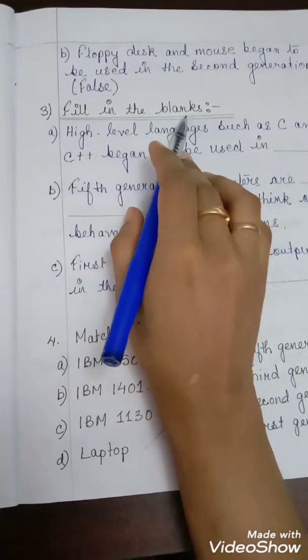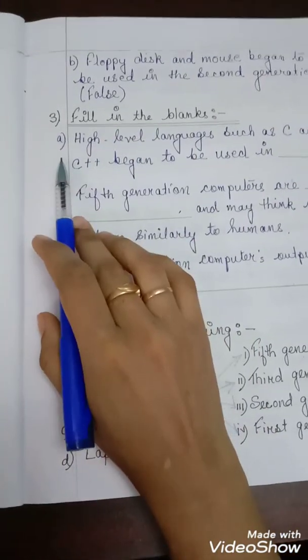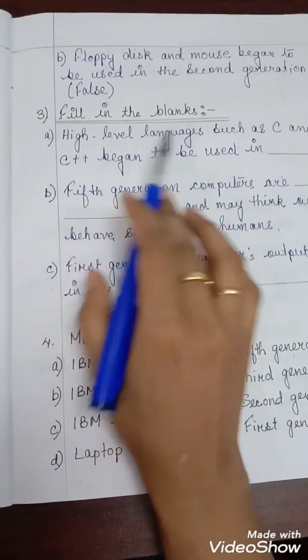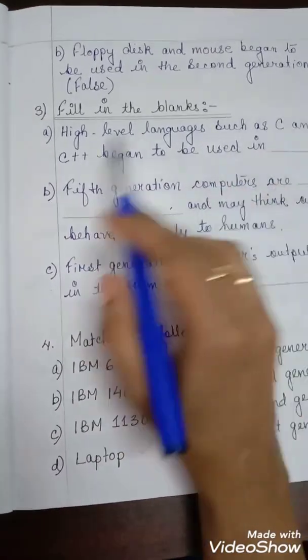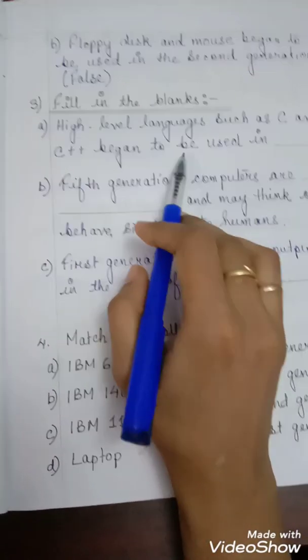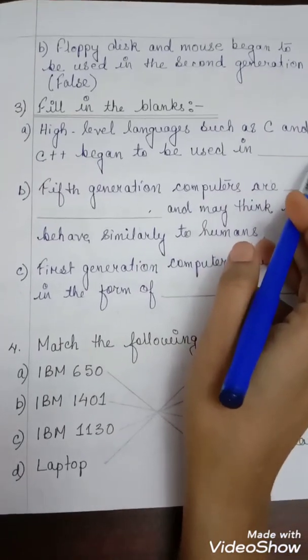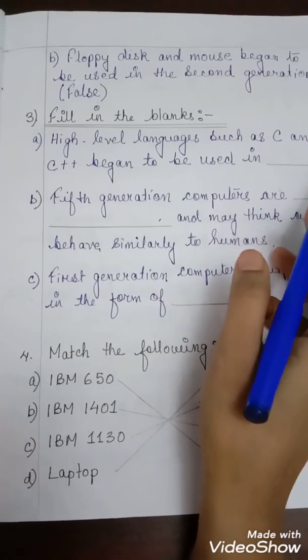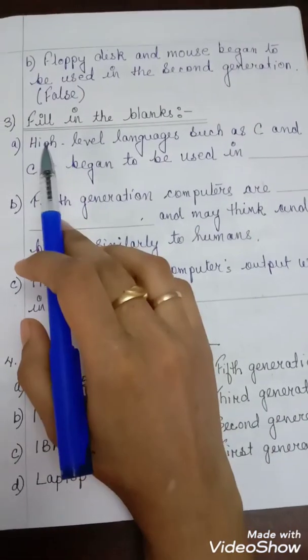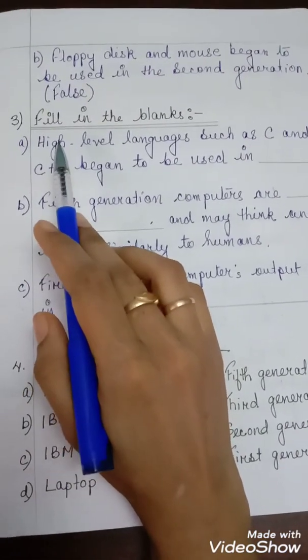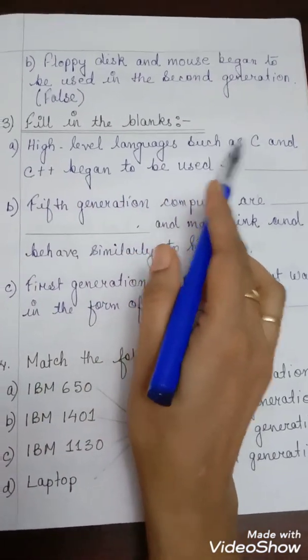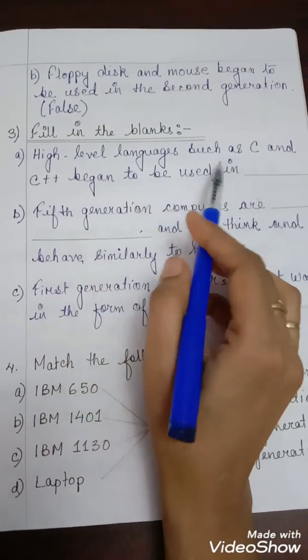Number 3, fill in the blanks. Number A, high-level languages such as C and C++ began to be used in dash. In which generation did high-level languages such as C and C++ begin to be used?